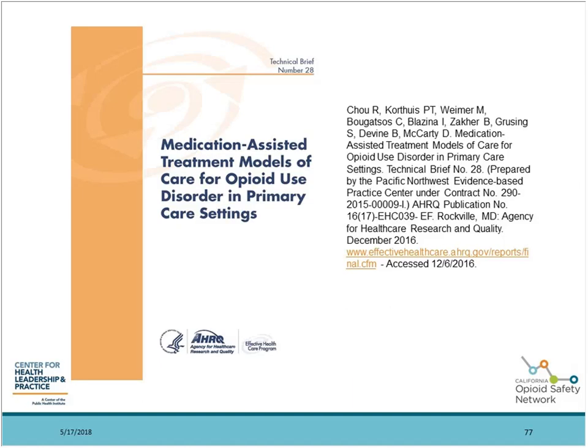There's a document I want to promote, the ARC Medication Assisted Treatment Models of Care for Opioid Use Disorder in Primary Care Settings. It articulates a whole number of common success factors for the delivery of opioid use disorder care in primary care, and it has been really helpful for us here in LA County.